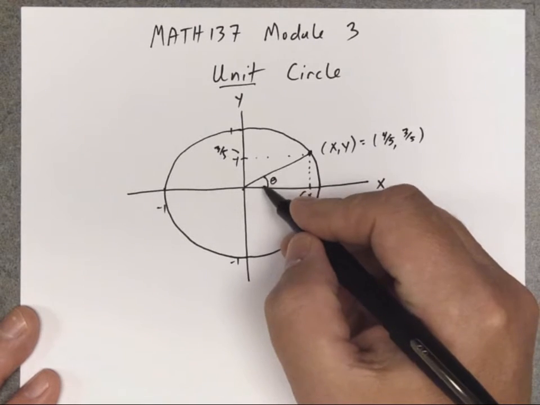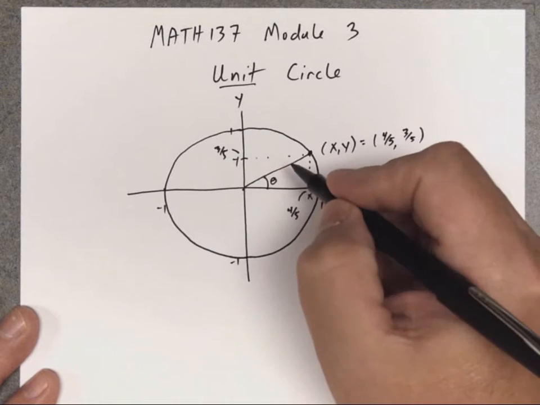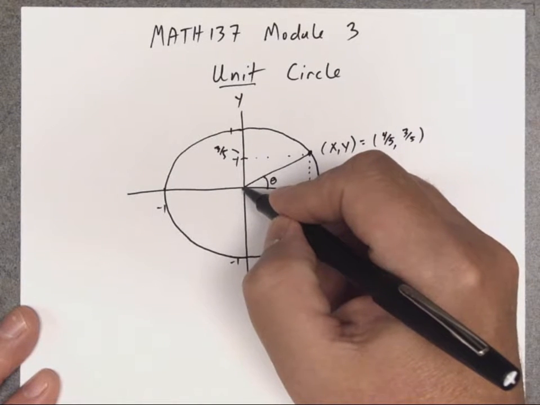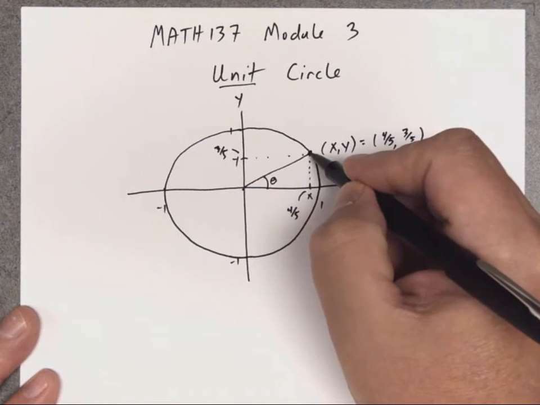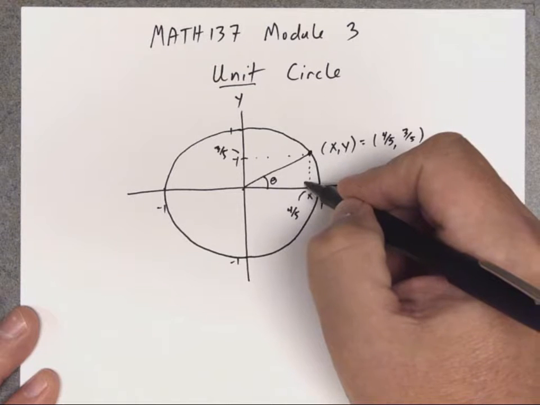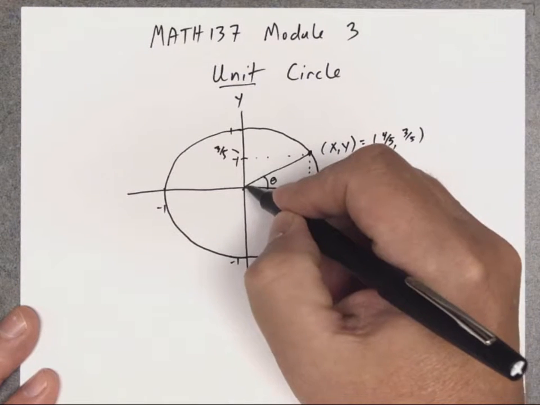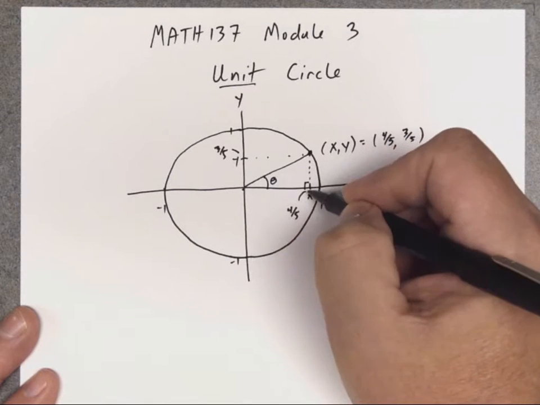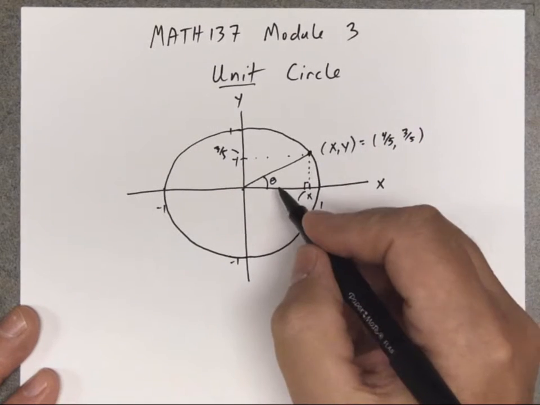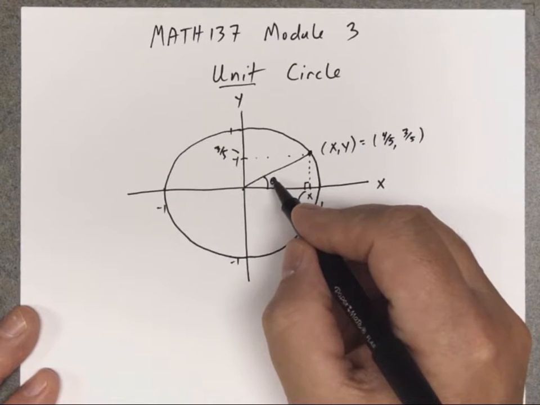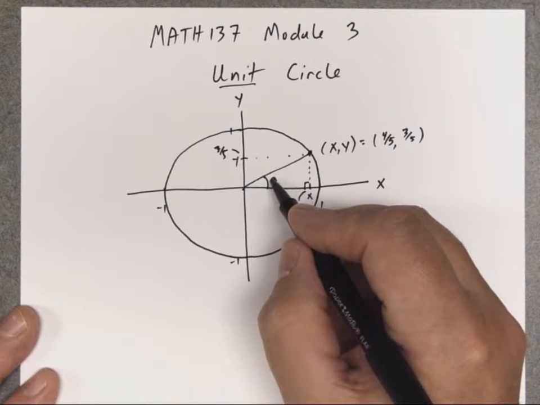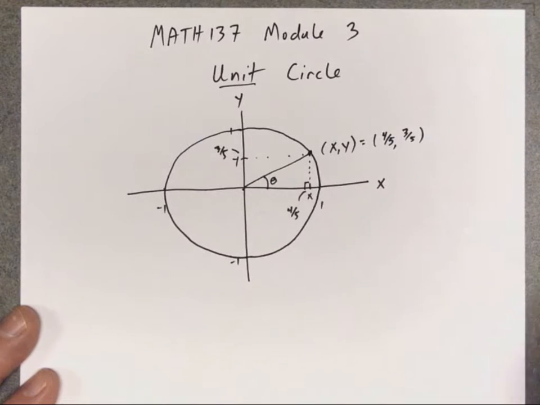Let's think back now to this angle. Let's think that we have a right triangle right here. Here's one side, this is the hypotenuse, here's the other side. And let's figure out what the trig functions would be of this angle.